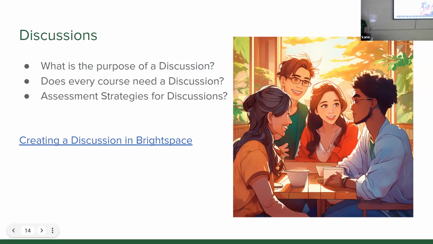It also gives a forum for critical analysis and thinking, because in a good discussion, not only am I researching and making my own point, but then I have to critically analyze other students' posts, and I potentially have to go back and defend my own post from some other person's critical analysis.